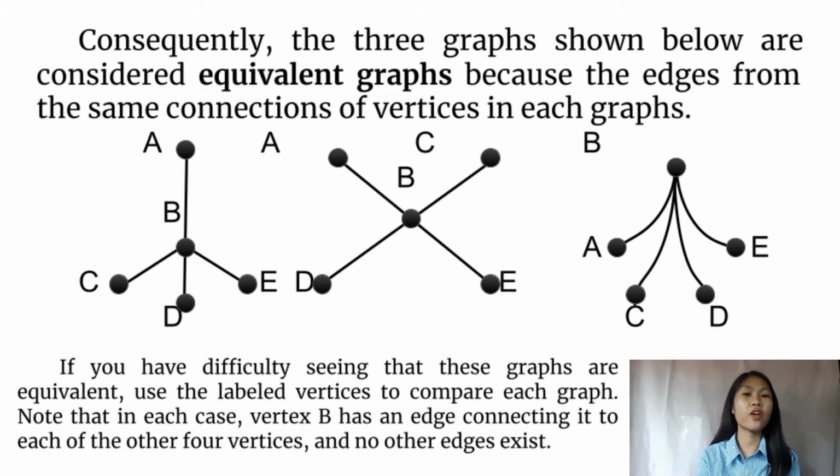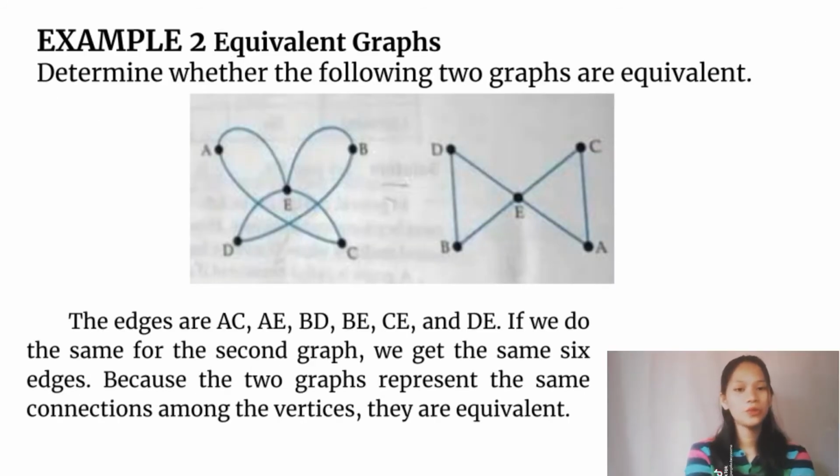If you have difficulty seeing that these graphs are equivalent, use the labeled vertices to compare each graph. Note that in each case vertex B has an edge connecting it to each of the other 4 vertices, and no other edges exist.